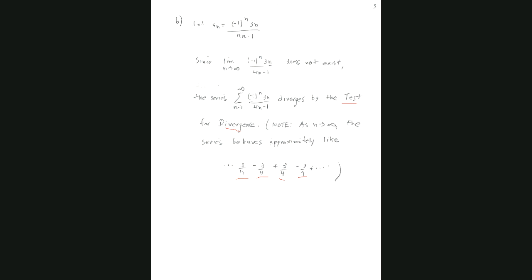Formally, it's the test for divergence. Test for divergence says that if the terms of the series do not approach 0, the series has to diverge, and that's what's happening.